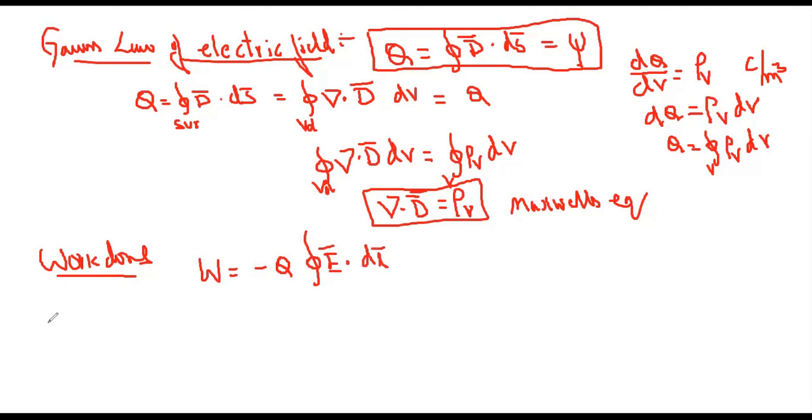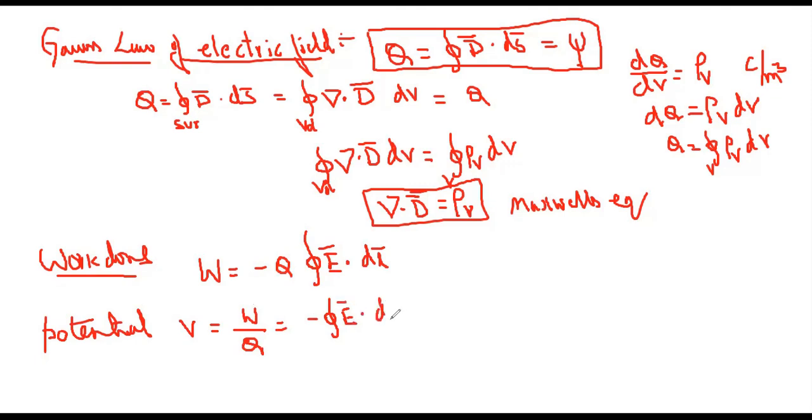And the potential V is equal to the work done per unit charge, W by Q, which is equal to minus the integral of E bar dot dl bar.